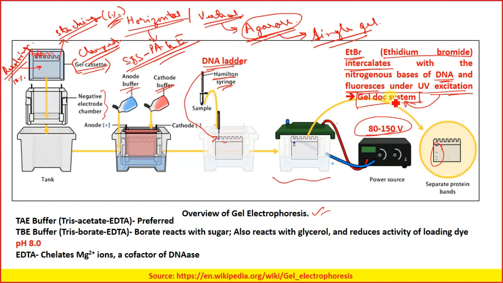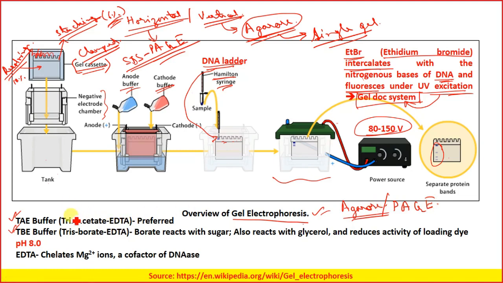In this case, either TAE buffer or TBE buffer is used. I'm talking about normal gel electrophoresis. Here we basically have this agarose gel; it can even be used for PAGE.